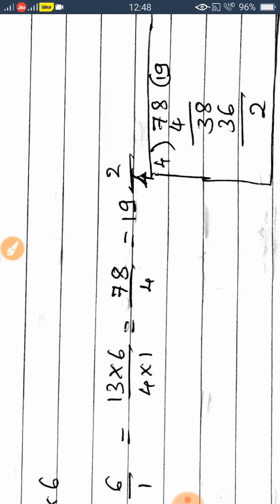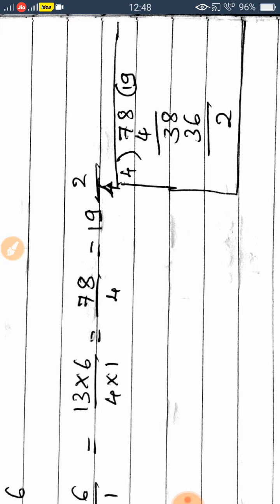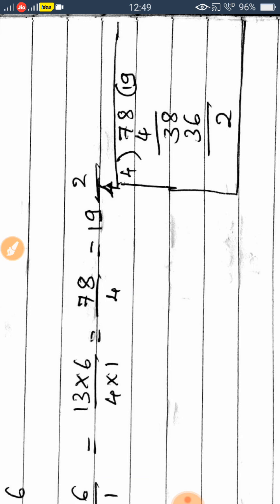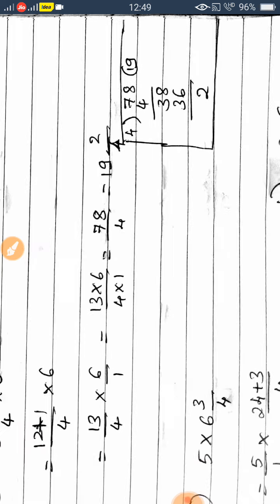It is an improper fraction, so convert it into a mixed fraction by dividing the numbers. 78 divided by 4 gives 19 as the whole number, 2 as the remainder, and 4 in the denominator. Okay, check once again.